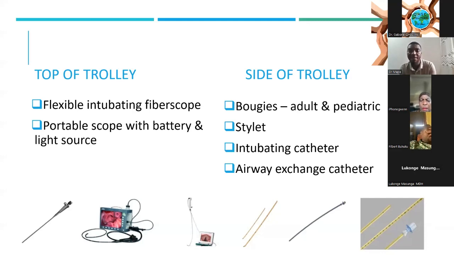And on the side of the trolley, we will hang introducers like bougies, intubation catheters, and airway exchange catheters. So these will not be in the drawers, but they will be on the side of the trolley. Okay. Now let's continue.